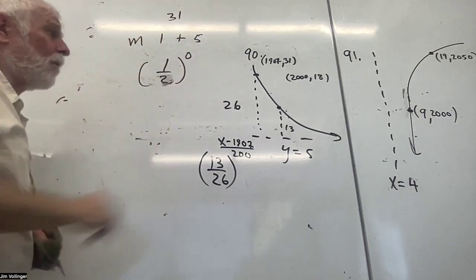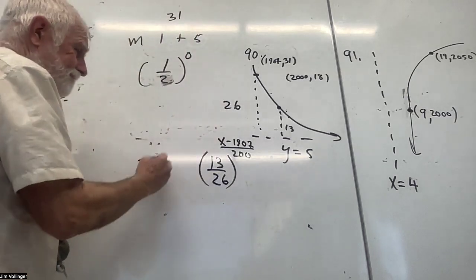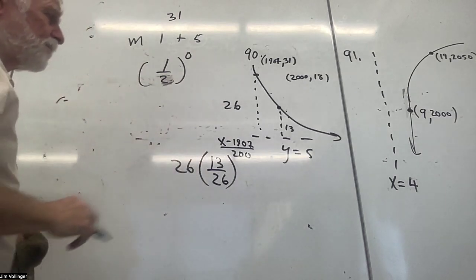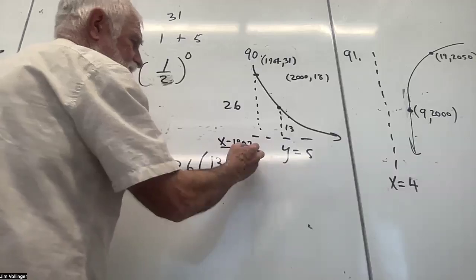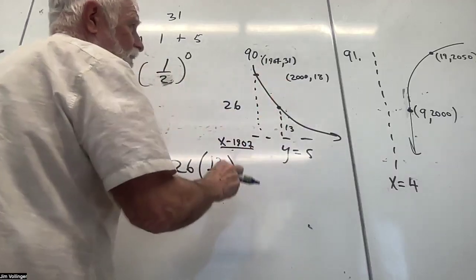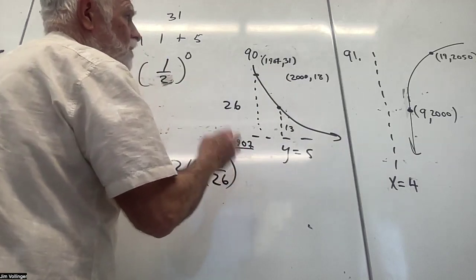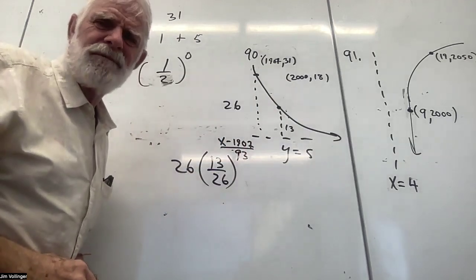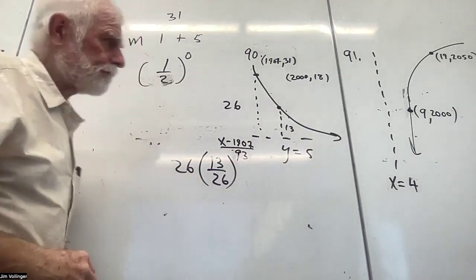I think I can do that. Oh yeah, it's 26. And then let's put 2000. Gosh, sorry, 1907 to 2000. Major mistake on my part. I hope you caught it. What's that? 93. I seek forgiveness. Okay.